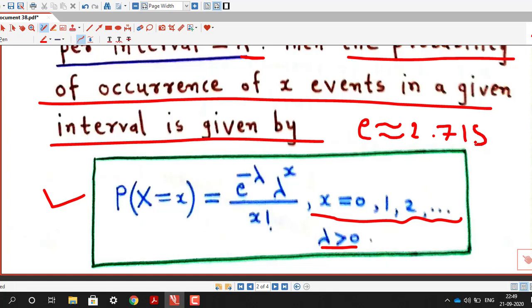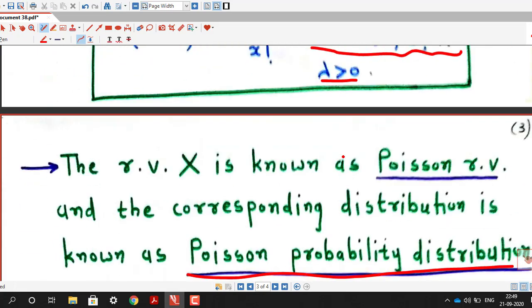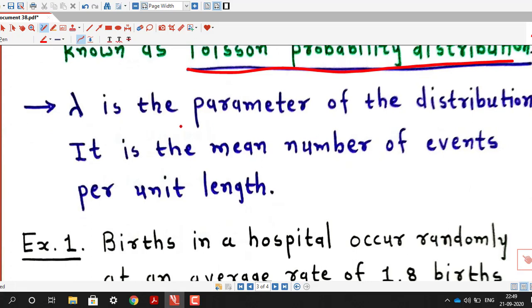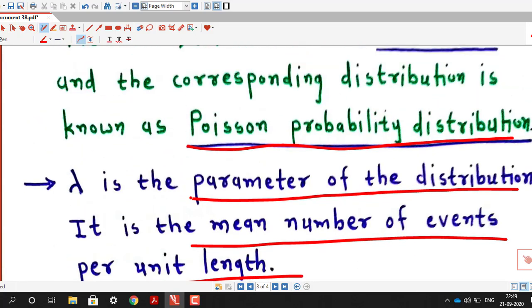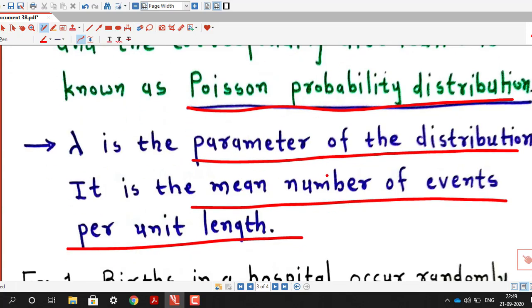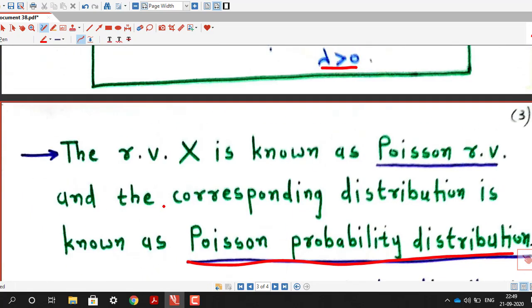You can find out the powers of e using a scientific calculator. Lambda is the parameter of the Poisson distribution. It is the average number of events per unit length. So lambda is the mean number of events per unit length. Here per unit length may be per unit time or per unit space.